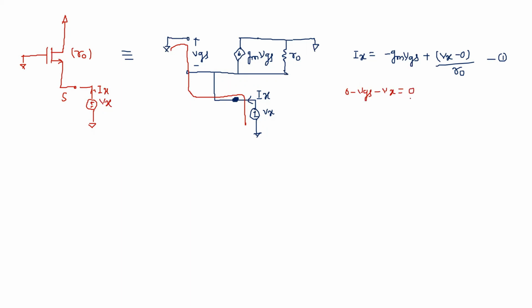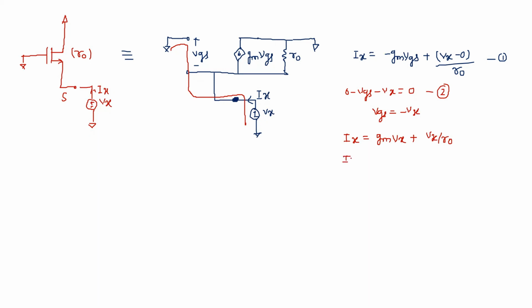This is the second equation. From the second, we'll get VGS equal to minus Vx. Put this value of VGS inside the first, we'll get Ix equal to gm Vx plus Vx by r0.